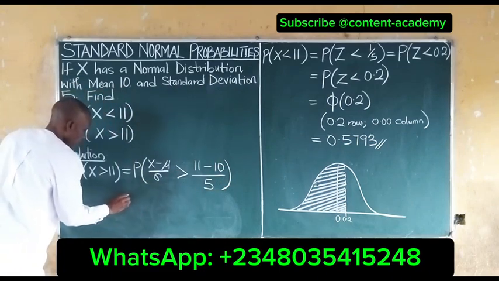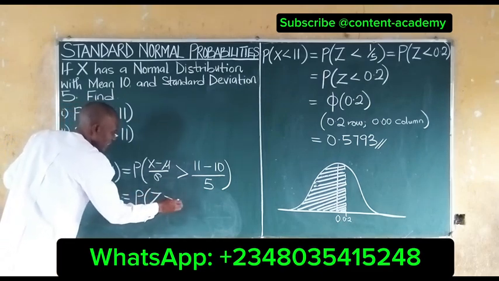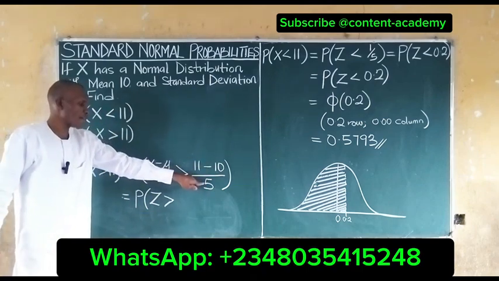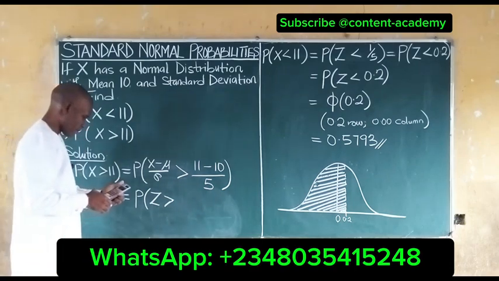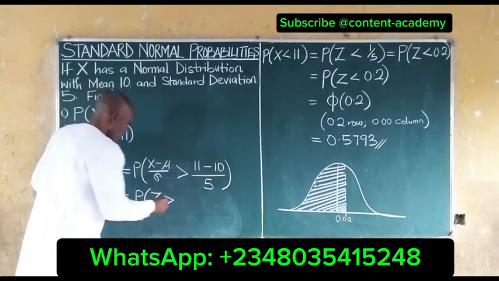So we have the probability of z greater than 1 divided by 5, which is 0.2.